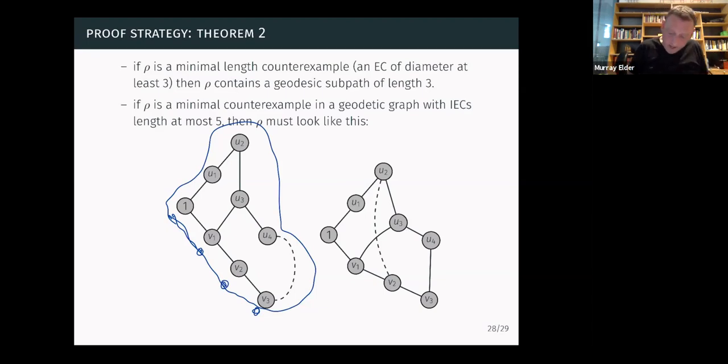And then once you have that, you do lots of arguing and use some old results of Stempel, who classified geodetic graphs of diameter 2 and did various things like this. So you do lots of arguing and you end up seeing pictures like this to say, oh, that can't happen, that can't happen. This minimal example has to look like this, and you get a contradiction.